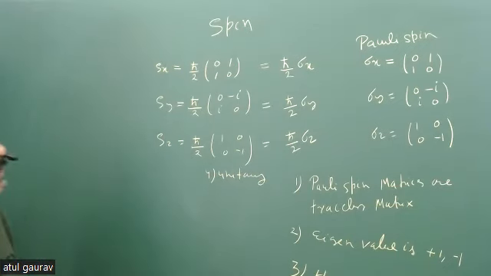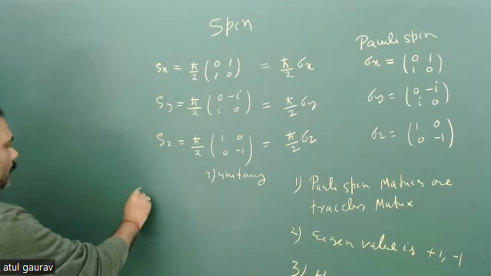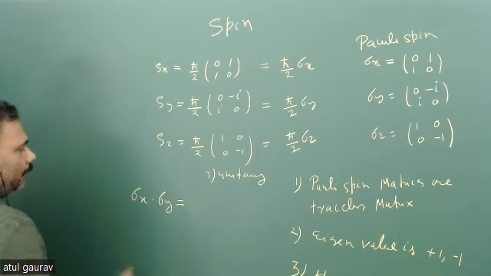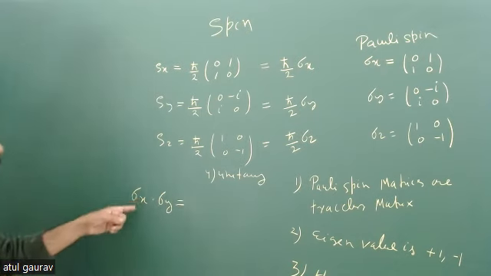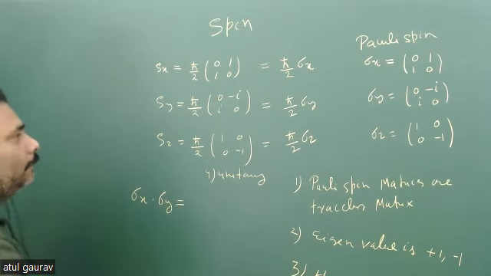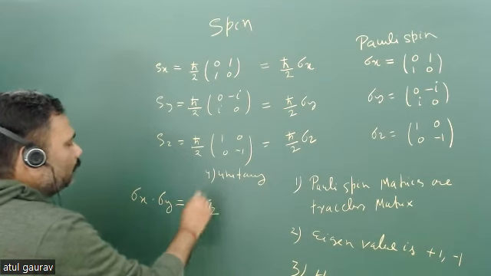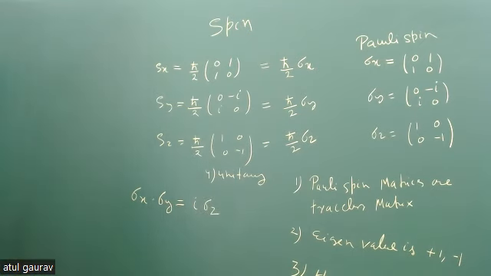Now let's see the basic relations of these Pauli spin matrices. If you multiply sigma x by sigma y, what will you get? You will get i times sigma z, isn't it? Yes or no?